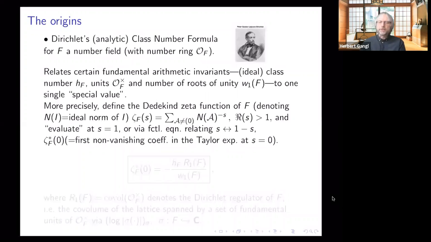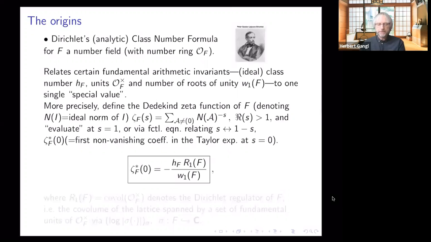We can also use the functional equation, where we relate zeta of s and zeta of 1 minus s as usual. The upshot, the most concise way of stating this analytic class number formula, I believe, without too many extra bits, is the following, the boxed version here.